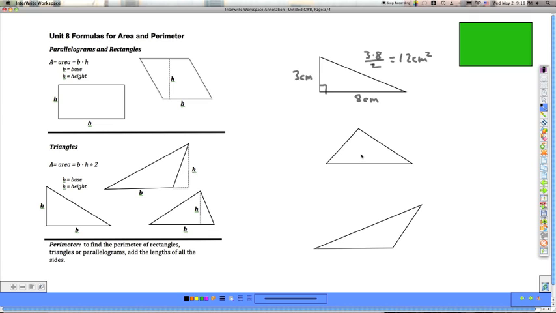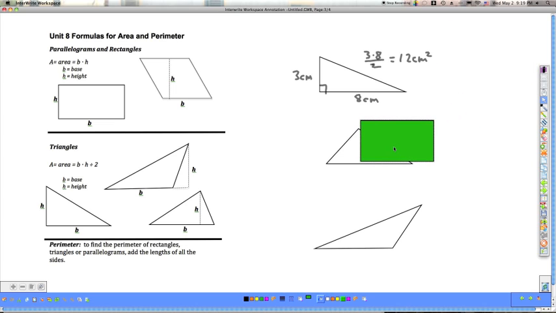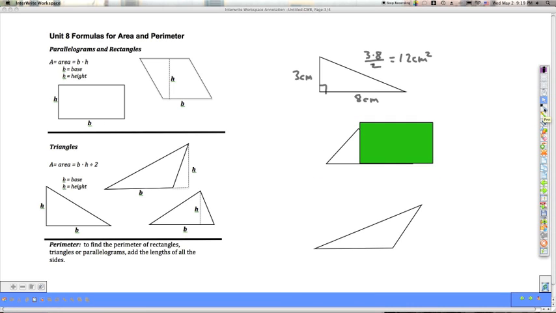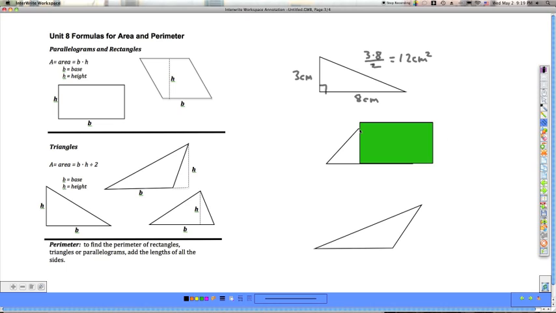With a triangle like this, I know my height is going to be from the vertex down to the base, but this has to be a right angle here. So I'm going to use my index card to help me with that. Line it up right here along the base, make that touch the vertex, and then draw a straight line from the vertex right along that edge, and there I've got my height.